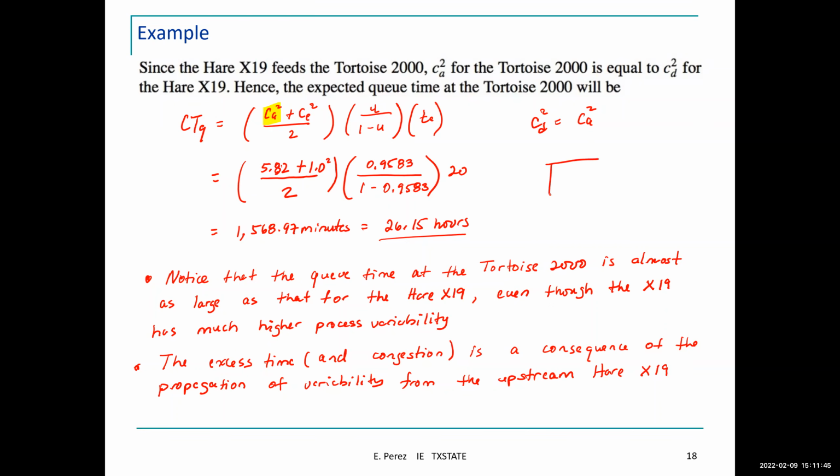So remember we have the X19 and then we have the tortuous. This X19 is feeding this tortuous machine.